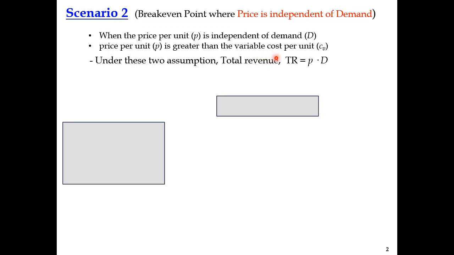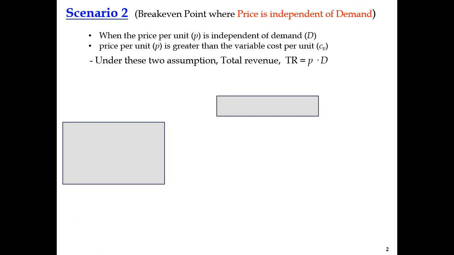Therefore this price is assumed to be greater than the unit variable cost. So under these two assumptions, we can write the total revenue function as price times demand.